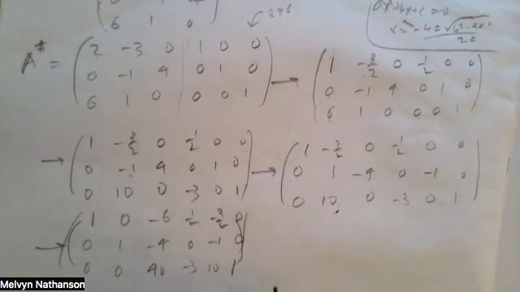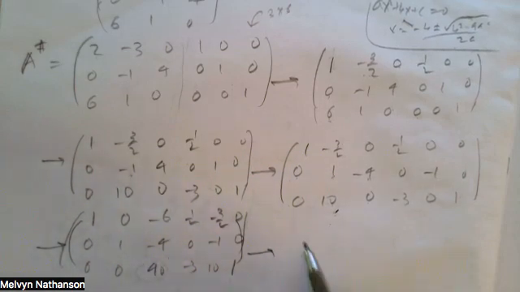So if I've done this correctly, I have 0, 0, 40, minus 3, 10, 1, 1, 0, minus 6, a half, minus 3/2, 0, 0, 1, minus 4, 0, minus 1, 0. Okay. What's the next thing to do?